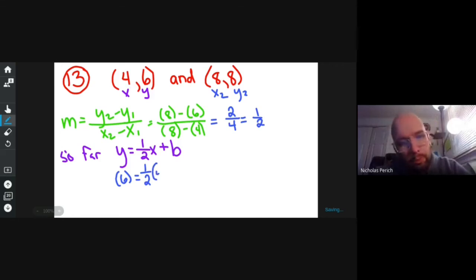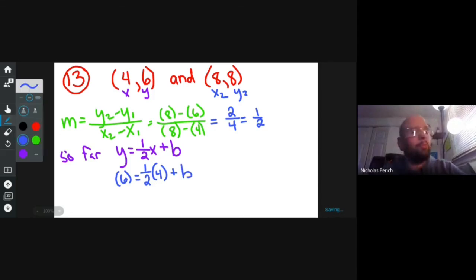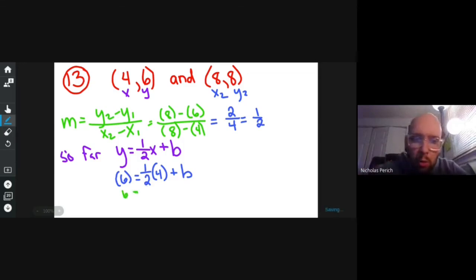And instead of x, I have 4 plus b. Now I do the math. What's half of 4? 2. So I have 6 equals 2 plus b. Subtract 2, and I have 4 equals b, or I have b equals 4, the same exact thing.